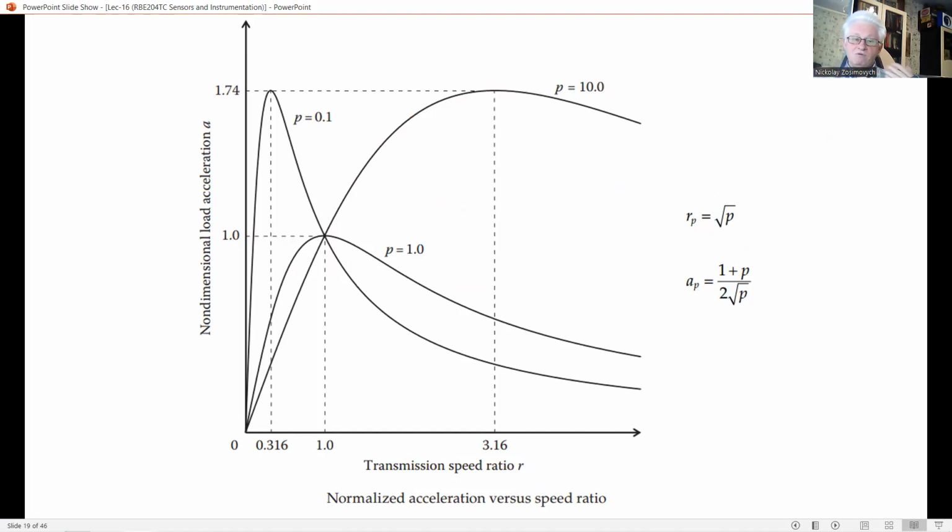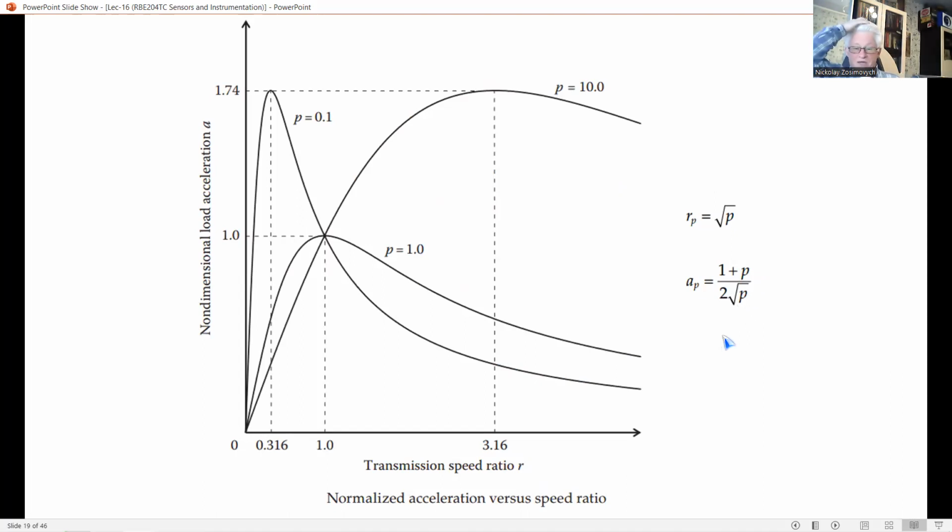The peak value of A is obtained by substituting into this equation, and we have the equation for A sub P here. In the numerator it's 1 plus P, in the denominator 2 square root of P.